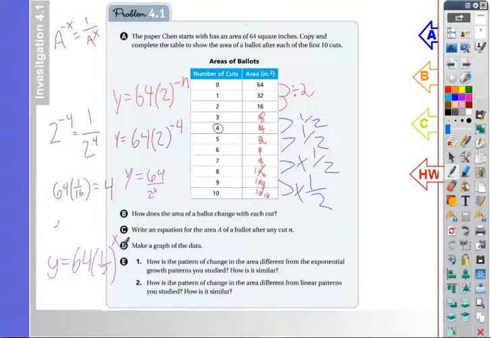So what did you notice? Let's take a really quick look at what the similarities and differences are between exponential growth and exponential decay. Molly, what did you notice? The differences are that in exponential growth, the pattern is growing, and decay is decreasing.